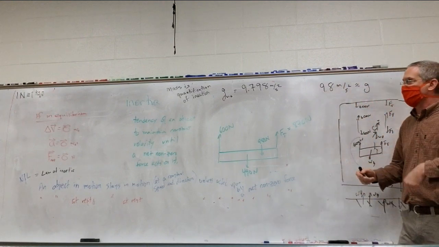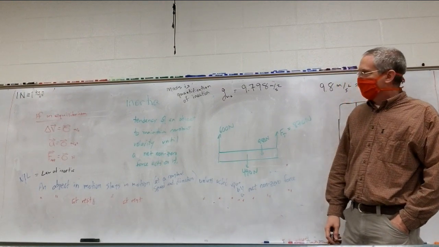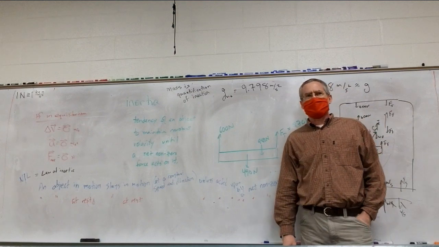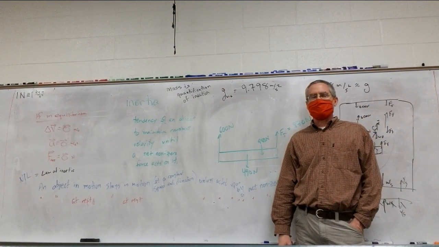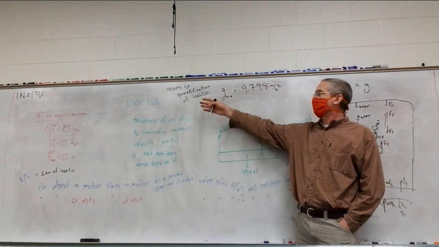It's the number which tells you which has more inertia. A couple years ago, there was this big to-do in physics about the Higgs boson. The Higgs boson is supposed to be an explanation for why this is true.